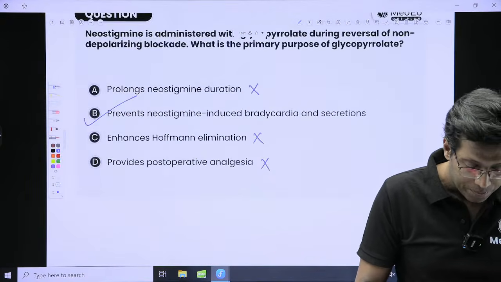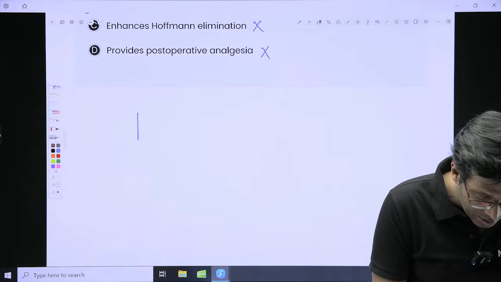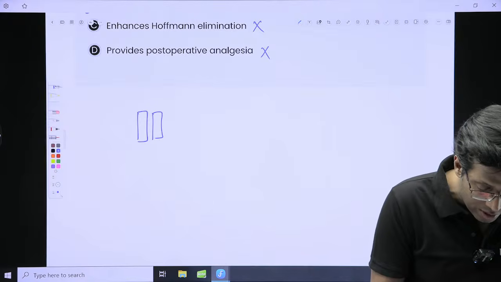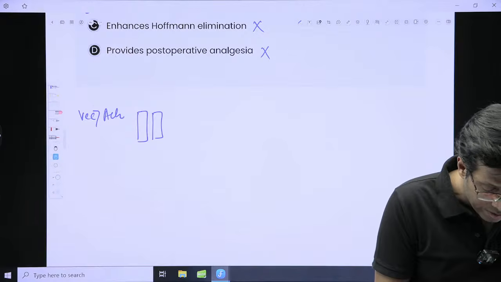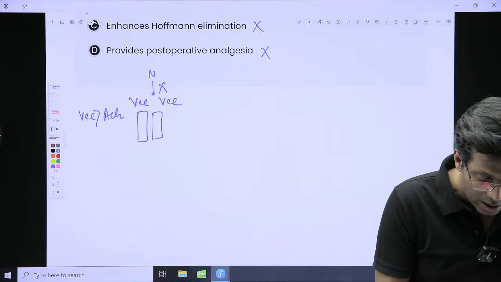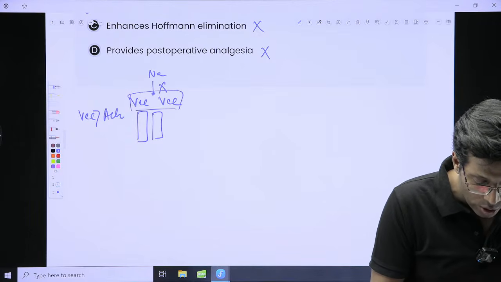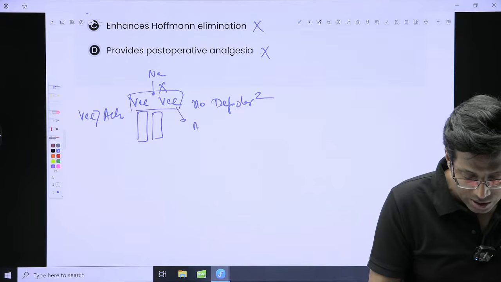So if we have given a good dose of vecuronium, vecuronium is stronger than acetylcholine in terms of dose. In that case, vecuronium sits at the receptor, the sodium does not go inside, and therefore there is no depolarization. And till the time vecuronium is sitting at the receptor, you get muscle paralysis.